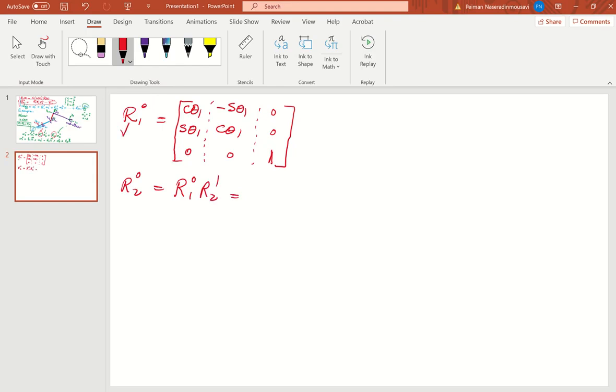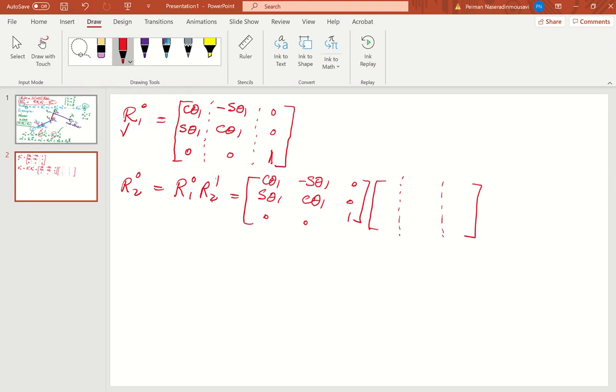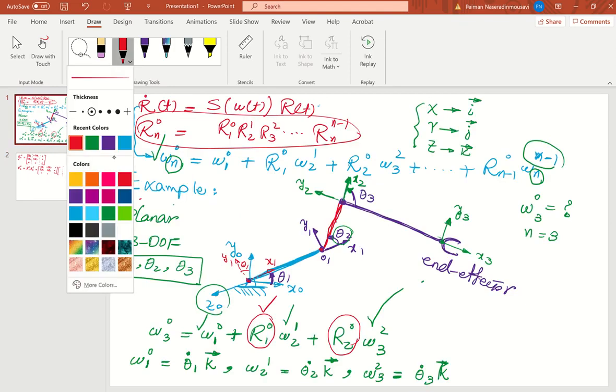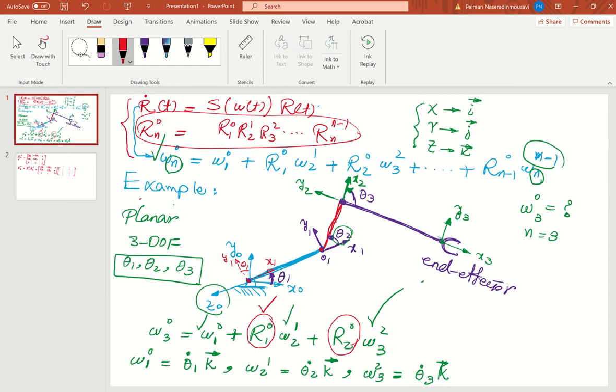So we already have this: cosine theta 1, sine theta 1, 0, minus sine theta 1, cosine theta 1, 0, 0, 0, 1. Now what we're gonna do, we have to use the directional cosines to calculate R2 with respect to 1, rotation of frame 2 with respect to 1. And you can transfer it for simplicity. Here we go. Change the color.